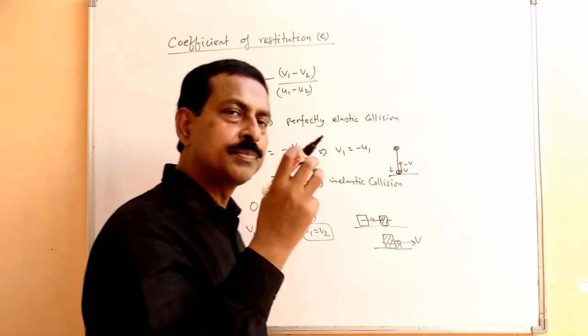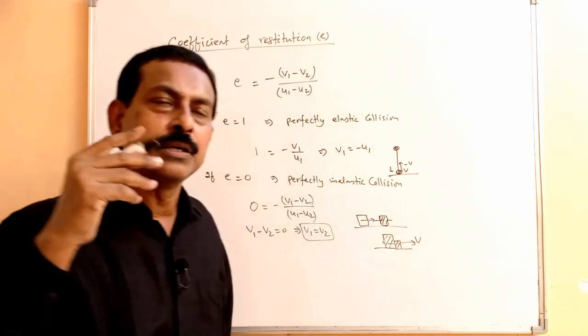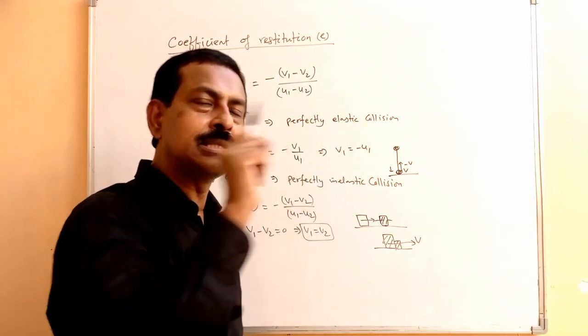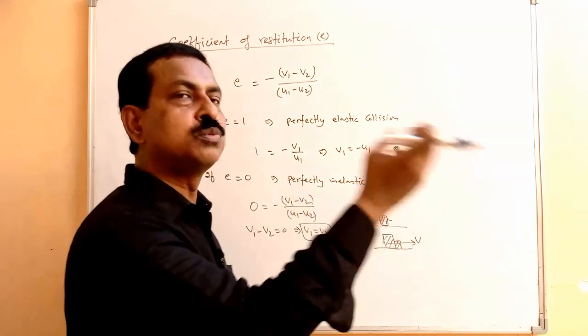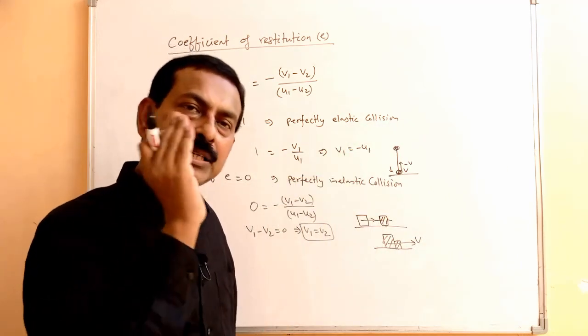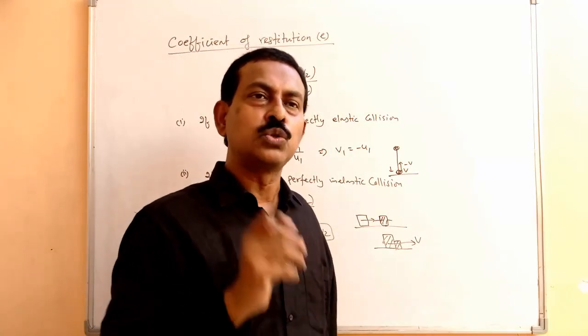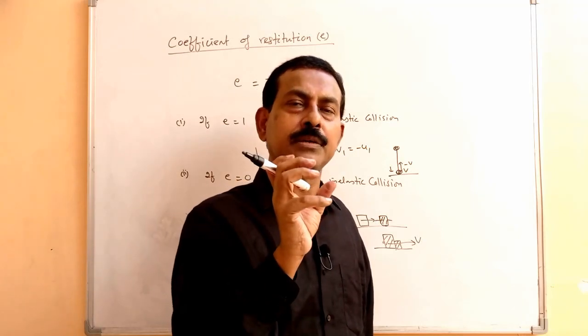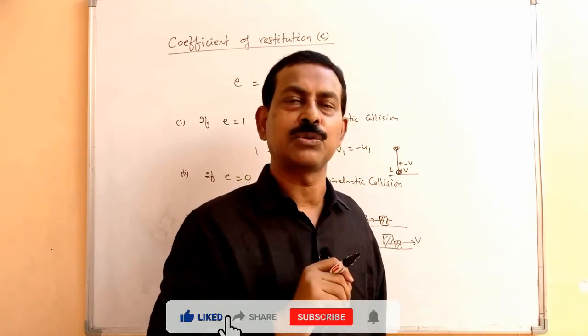You have a target. Suppose a wooden target is there and a gun is fired. The bullet gets embedded in the target, gets fixed there, and then the two move together. So that is also a case of perfectly inelastic collision. So whenever the bodies stick together, that will be the example of perfectly inelastic collision.